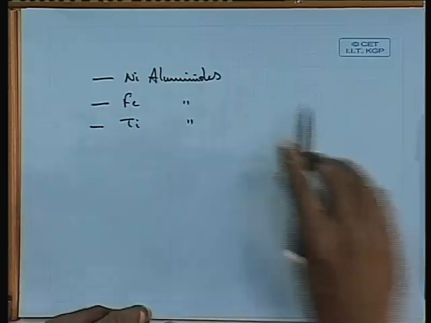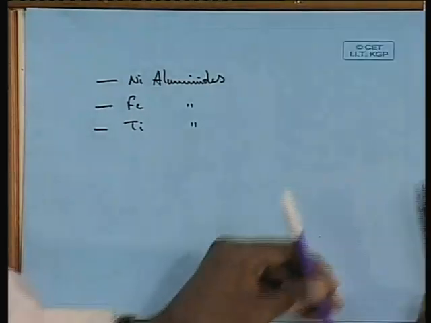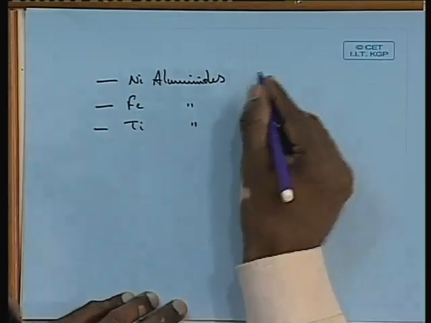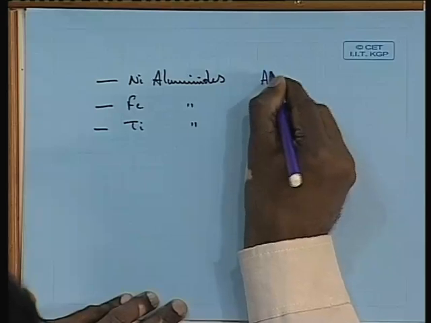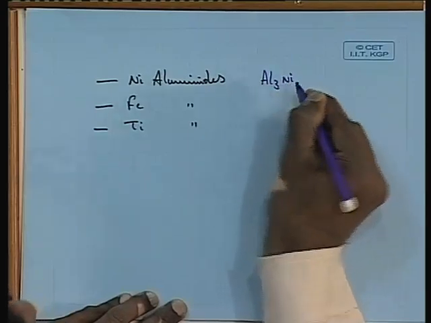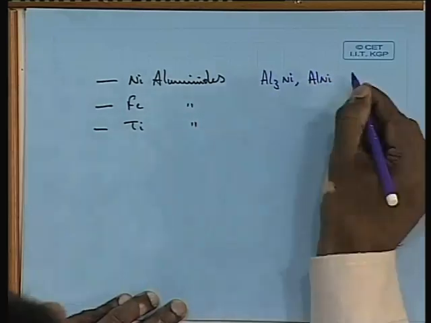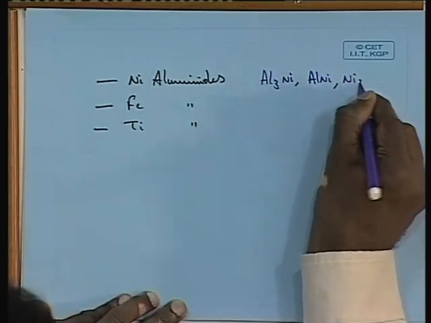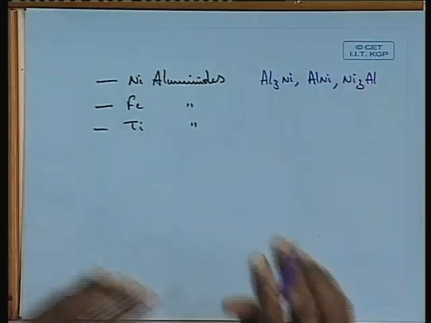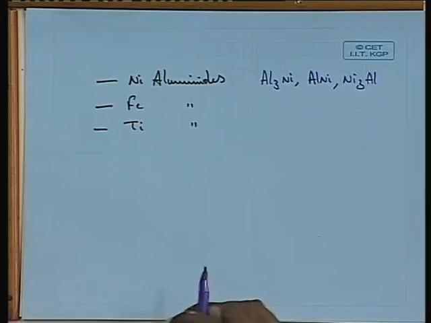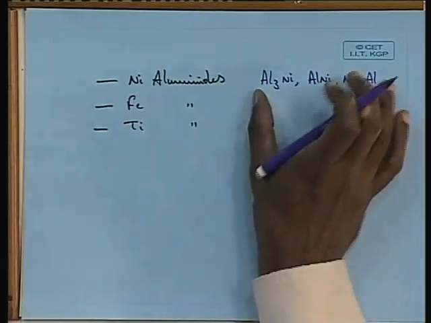The most popular aluminides in this series: in the nickel aluminide series you have either Al3Ni or AlNi or NiAl, you can call it anything, or Ni3Al. These are the most important compounds in this system.